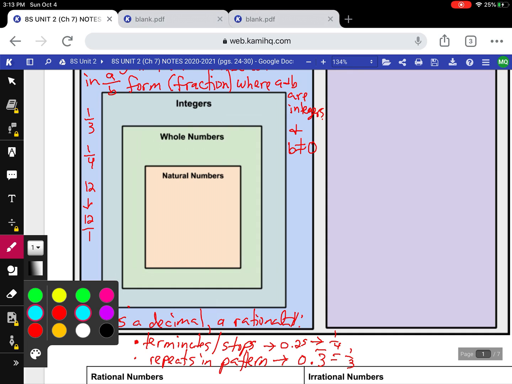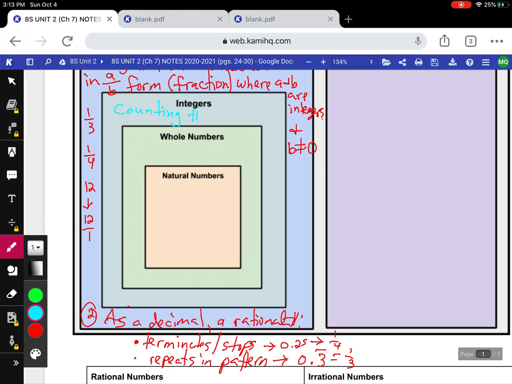Then we get down into an integer, okay? An integer, we consider, let's call them counting numbers and their opposites.